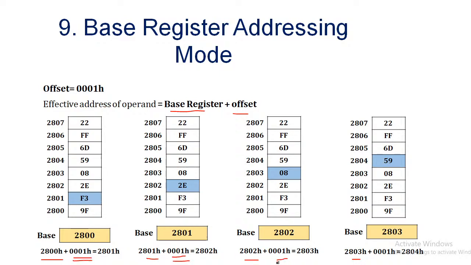You can say everywhere it is 0001. So this 2800 part is changing, sometimes it is 2801, then 2802. The base value is going to change here, but the offset is going to be fixed. This is the base register.